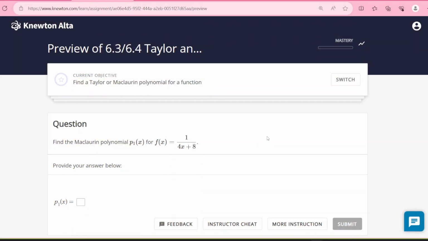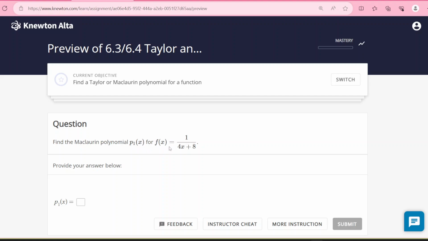So now our problem, with this first question: find the Maclaurin polynomial p sub 1 of x. That's just the first degree Maclaurin polynomial, so I'm going to have a linear polynomial.